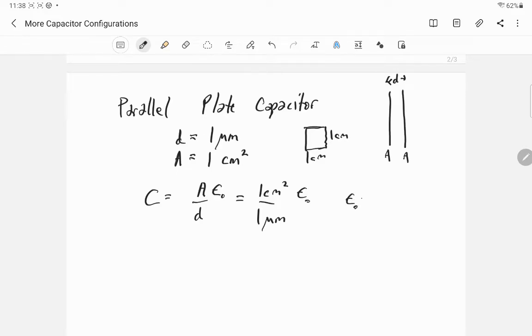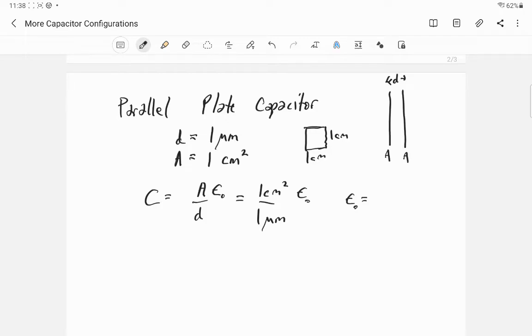And epsilon naught, I always have to look this up, excuse me, I have to turn on my computer. Epsilon naught's value is 8.85 times 10 to the something. Where is it? So I just looked at it.